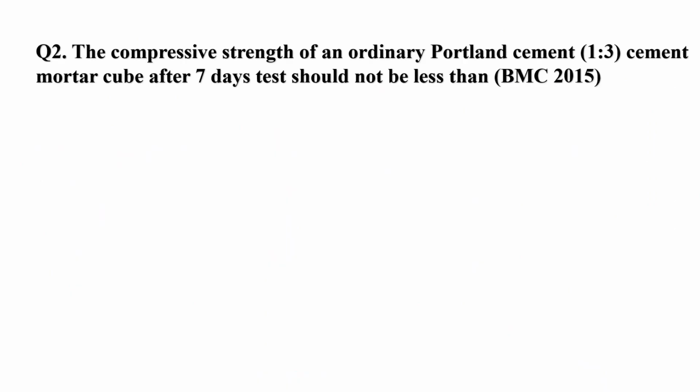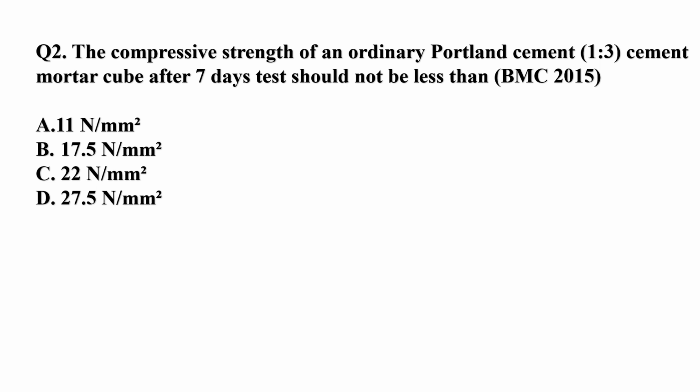Then question number second, the compressive strength of ordinary Portland cement mortar cube of proportion 1:3 after 7 days test should not be less than. Okay, so here they ask the compressive strength after 7 days, and that should not be less than 17.50 Newton per mm square.